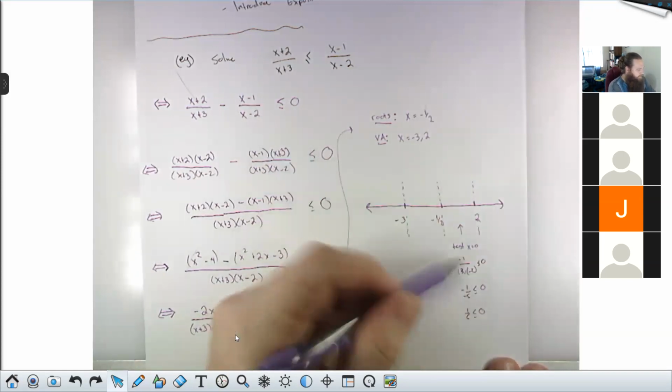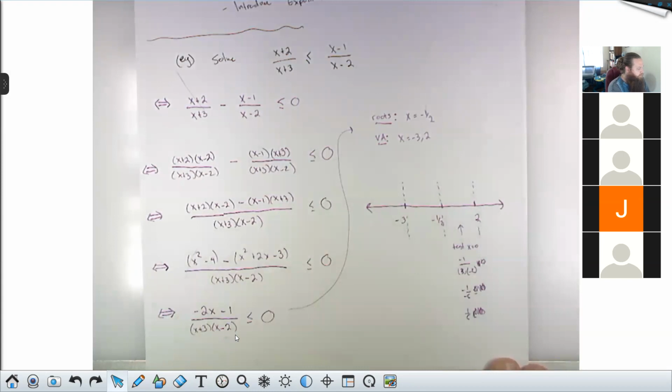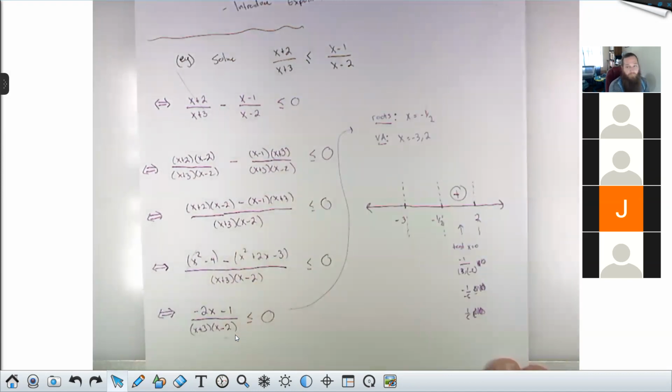Or you can just look at the left-hand side, I guess, because we're doing the sign thing. So when you plug 0 in to this left-hand side, you get +1/6. In other words, we're positive in this region. Is everybody comfy with that?